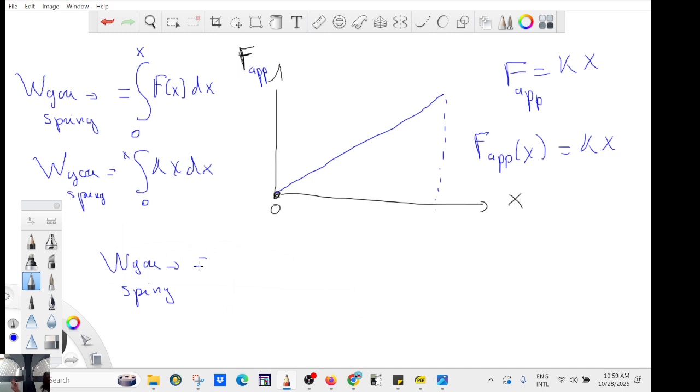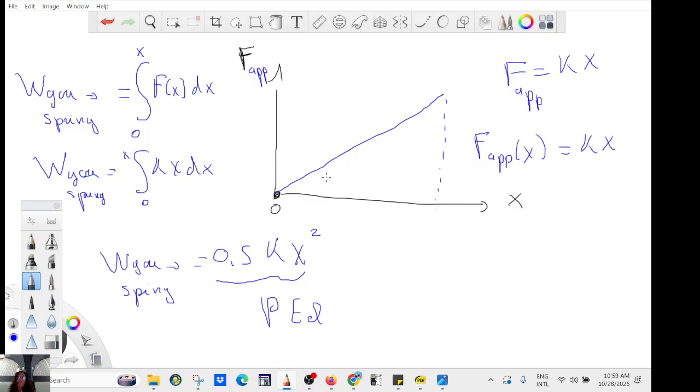So if I let go, it's going to go into kinetic energy. So that will be, you integrate 0.5 kx squared. Okay, that's going to be the elastic potential energy. You are doing work on the spring, that energy goes somewhere. Okay, it's going to go into the new configuration.